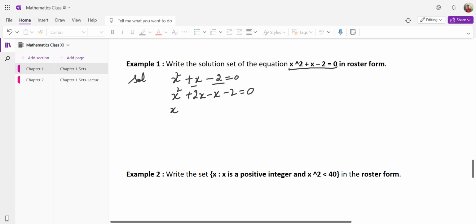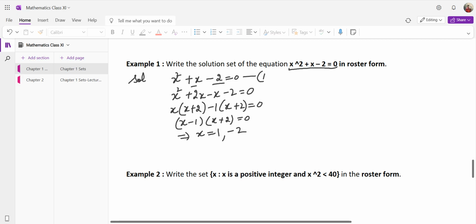So x is common from here: x into x plus 2 minus 1 into x plus 2 is equal to 0. So further we can write it as x minus 1 into x plus 2 is equal to 0. From here, what are the roots? x is equal to 1 and minus 2 are the roots of the equation number 1.